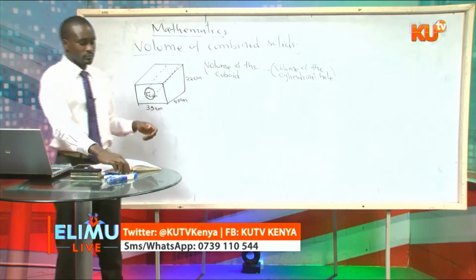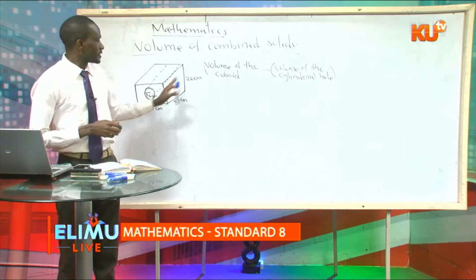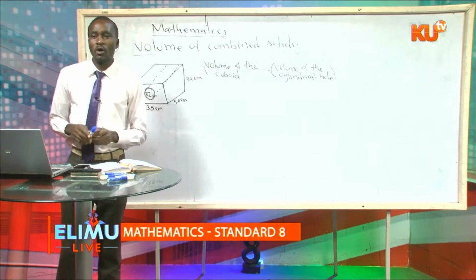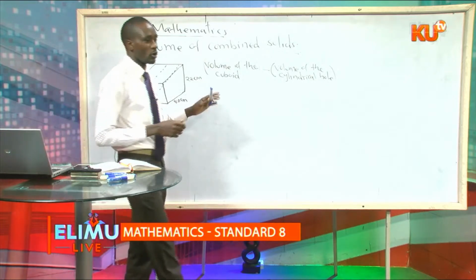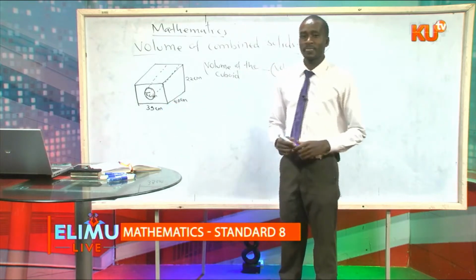Now, volume of the cuboid take away volume of the cylindrical hole gets us the volume left.